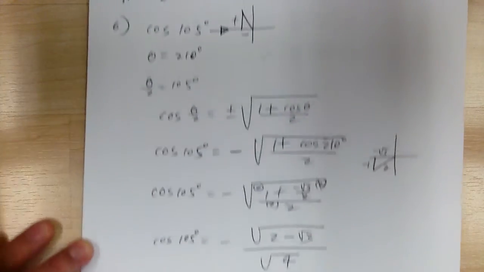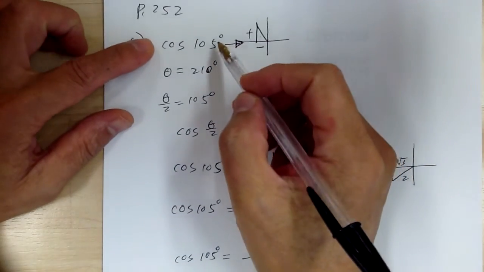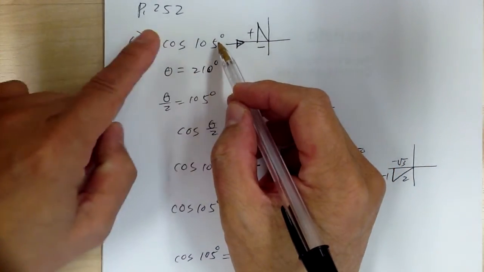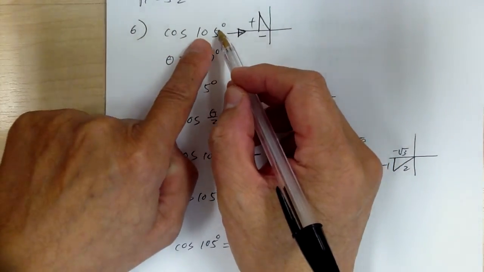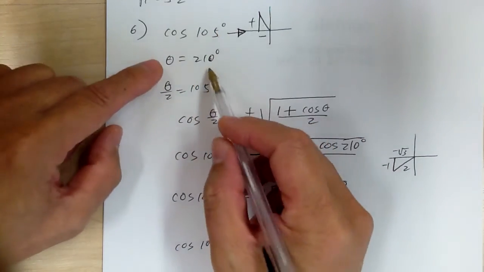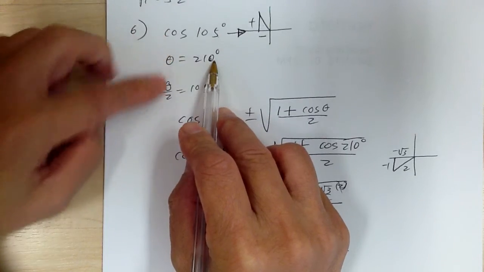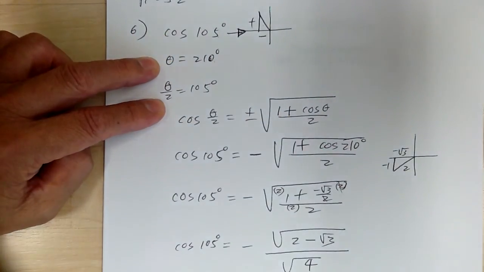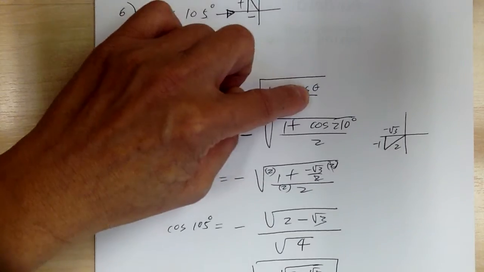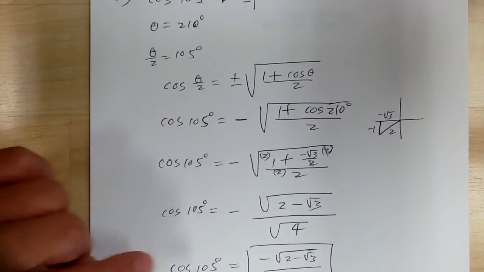So again, when you're doing a half angle formula, since you're using a half angle formula, you have to make this a half angle. So therefore, you need to use theta equal to 210. So this will be double that, so that half would be that angle over here. After that, write the formula. Then you substitute the numbers.